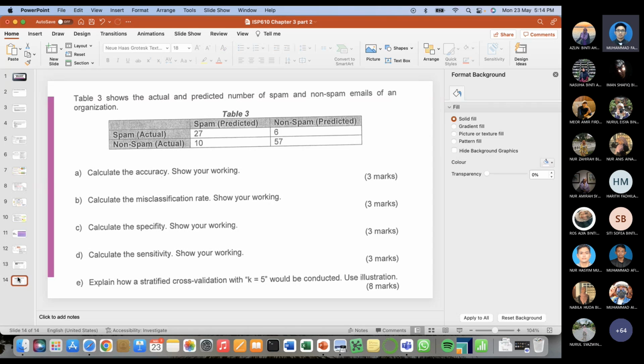Saya tak ingat subjek apa tapi saya rasa data mining, sebab dalam machine learning kita tak ada specific topic for confusion matrix. Kita cuma introduce to confusion matrix tapi sebab you all dah belajar dekat dalam data mining tu, jadi kita silentkan je lah dalam machine learning, assuming that data mining will cover for that section.